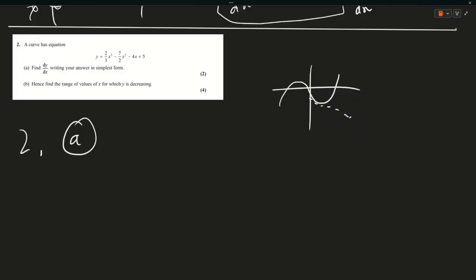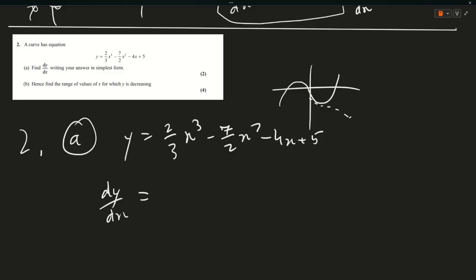So in this case, y equals 2 over 3 x cubed minus 7 over 2 x squared minus 4x plus 5. dy over dx, the same trick, nothing changes.